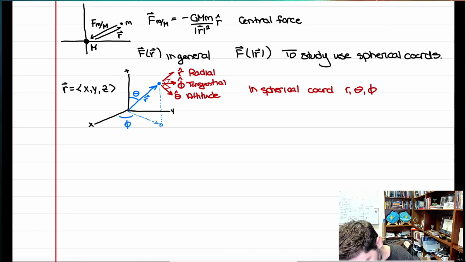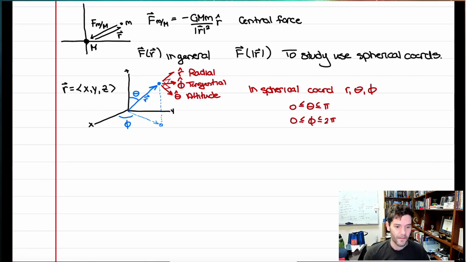In this case, there are conventions where the theta value can range from 0 to pi, where phi is allowed to range from 0 to 2 pi. And again, that's so that every point in three-dimensional space is defined by one unique triplet of r, theta, and phi.